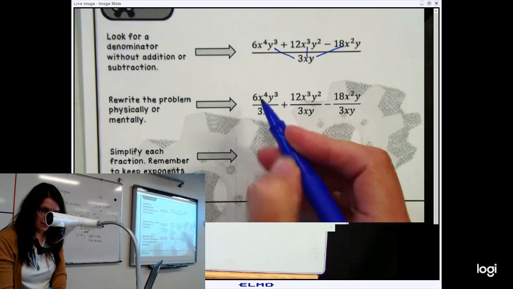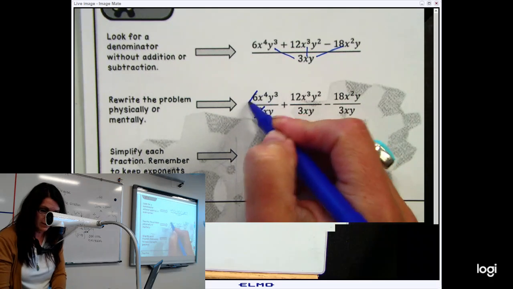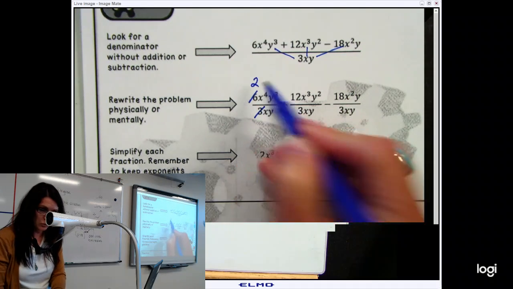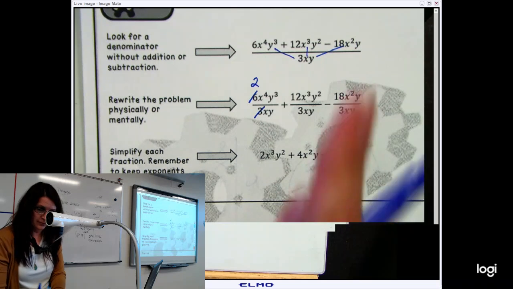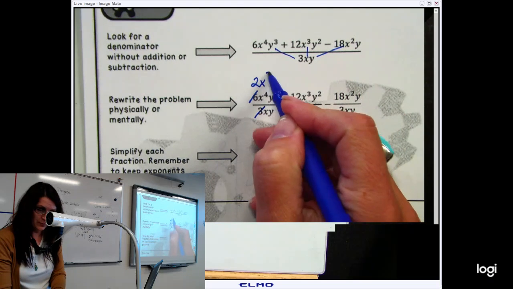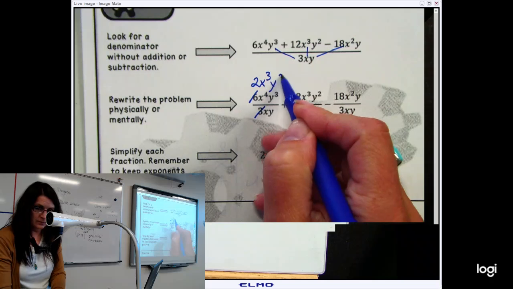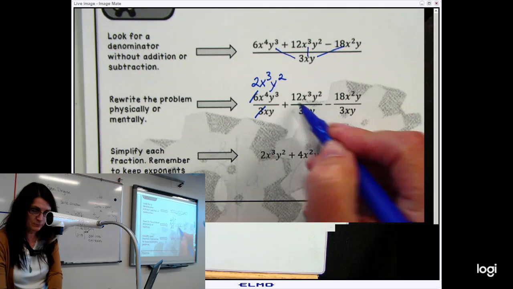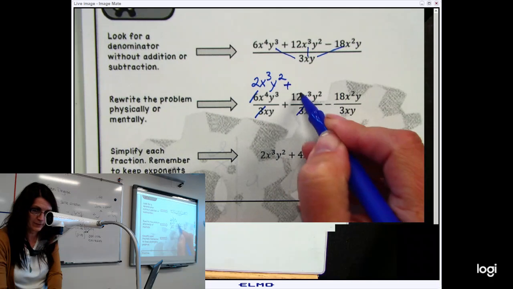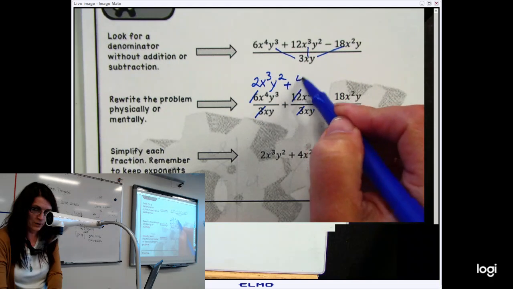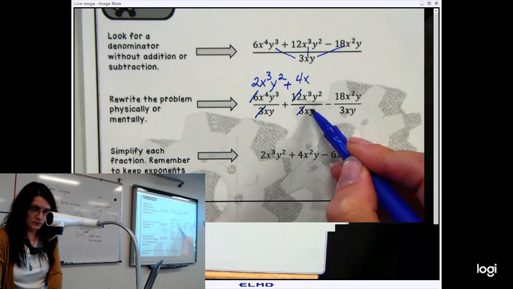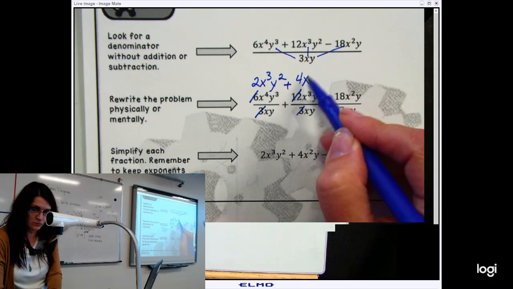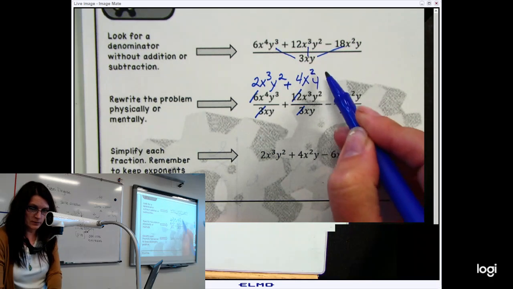This is kind of how I like to do it. 3 goes into 6 how many times? 2. Which way do the x's need to move? Up. Plus, 3 goes into 12 how many times? 4. 3 minus 1 is 2. 2 minus 1 is 1.